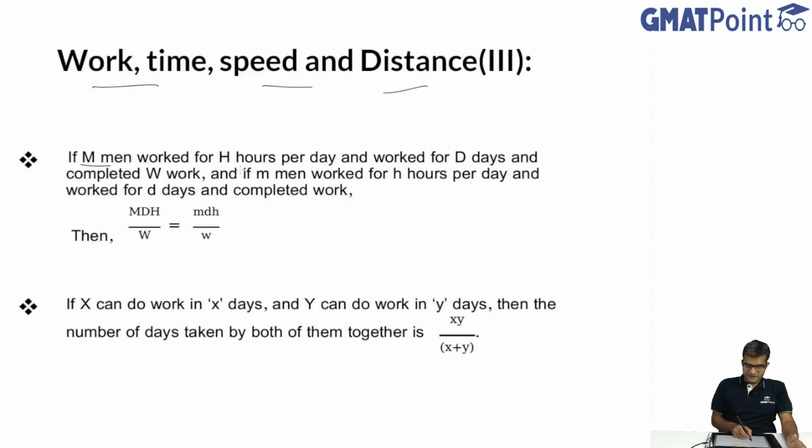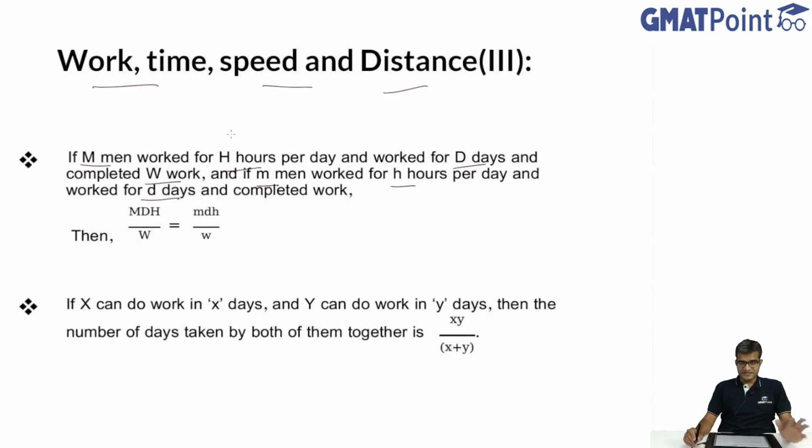M men work for H hours a day and they work for D days and they finish W work. And similarly, small m men work for small h hours per day and they work for small d days. And what is the relationship between these two?